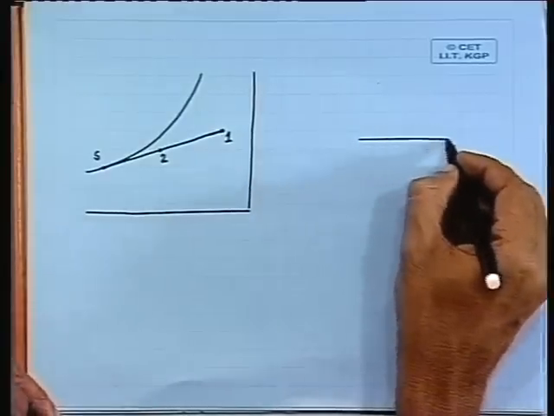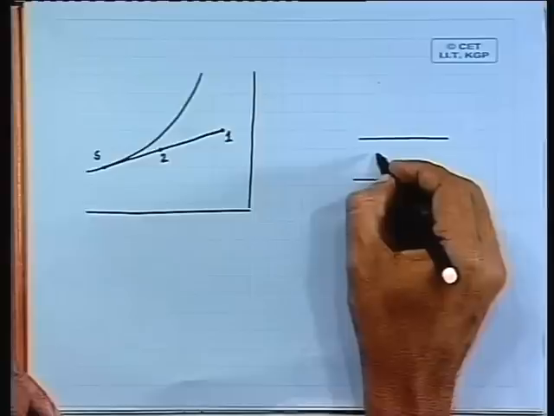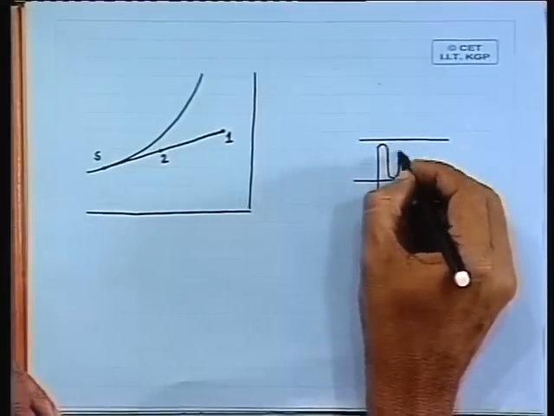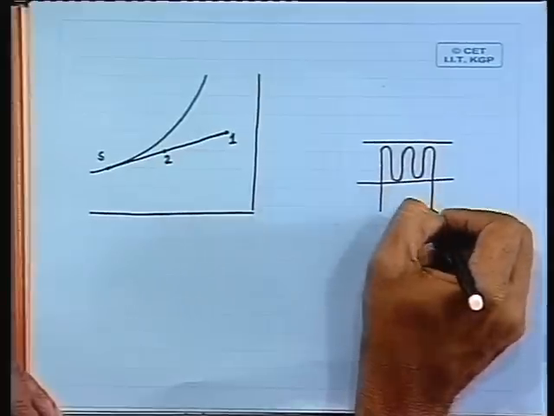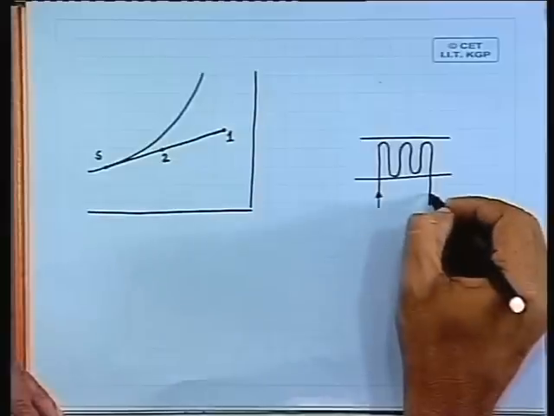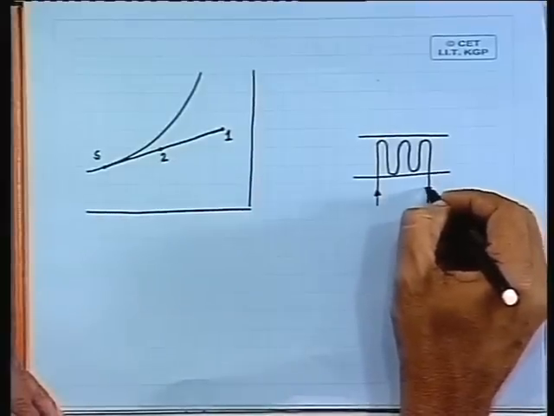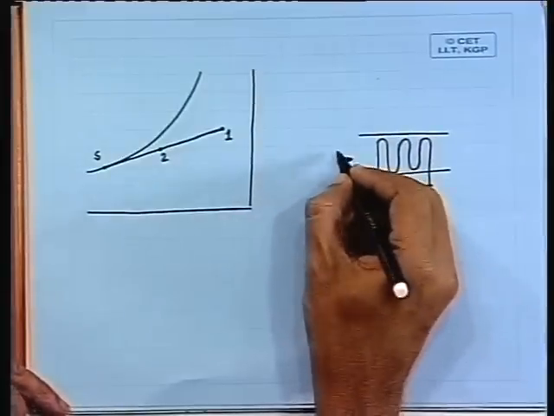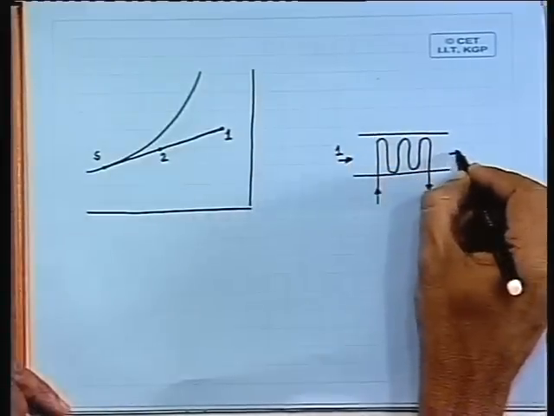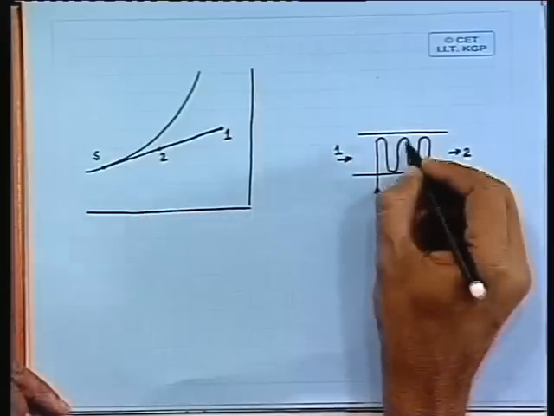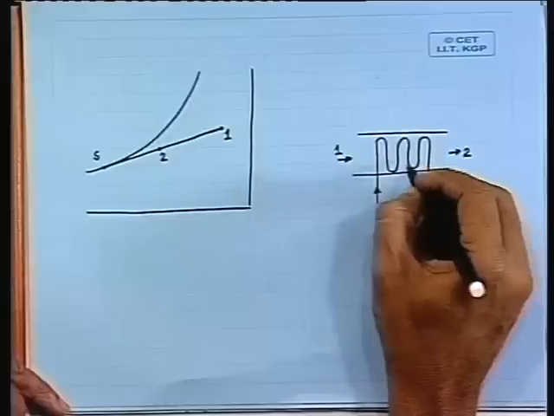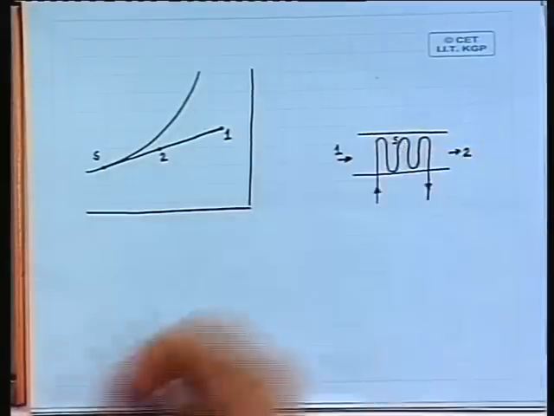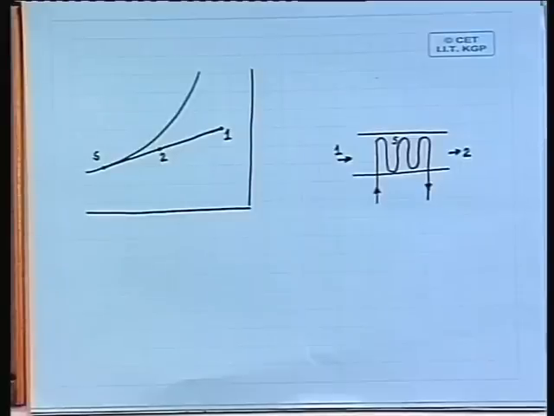If we represent it schematically, let us say this is your cooling coil. This is where refrigerant is entering, this is where refrigerant is coming out, and air is entering at condition 1, air is going out at condition 2, and everywhere on the body of the cooling coil we have got condition S. All right.